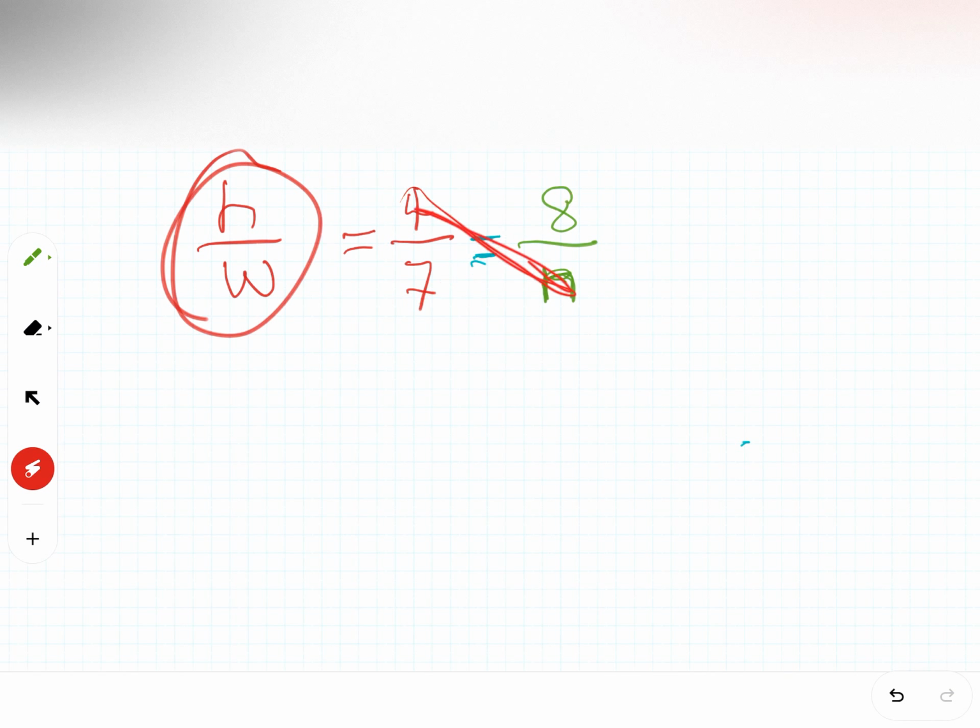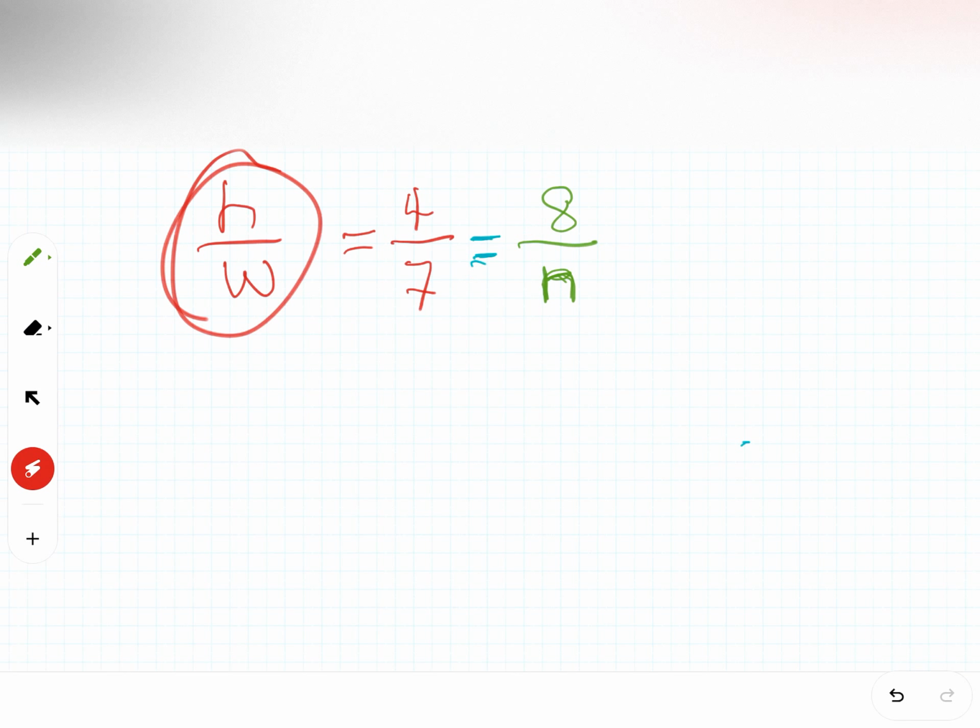So this diagonal's got a 7 and an 8. Going diagonal meaning the bottom of one ratio and the top of another. This diagonal has not got two numbers. It will soon. As soon as we find out what N is, we'll have two numbers. But right now it's just got one number and a letter. This is the diagonal that's got two numbers.